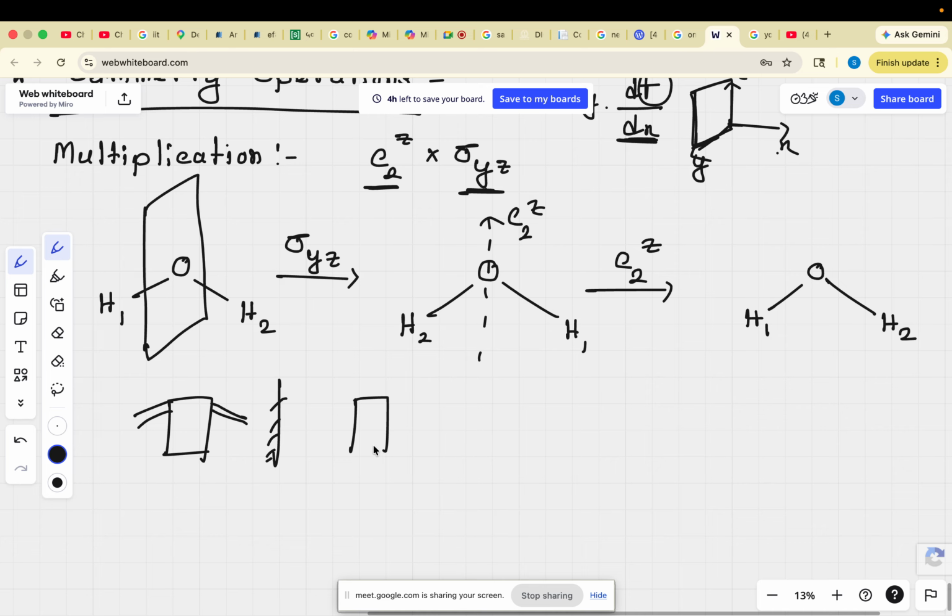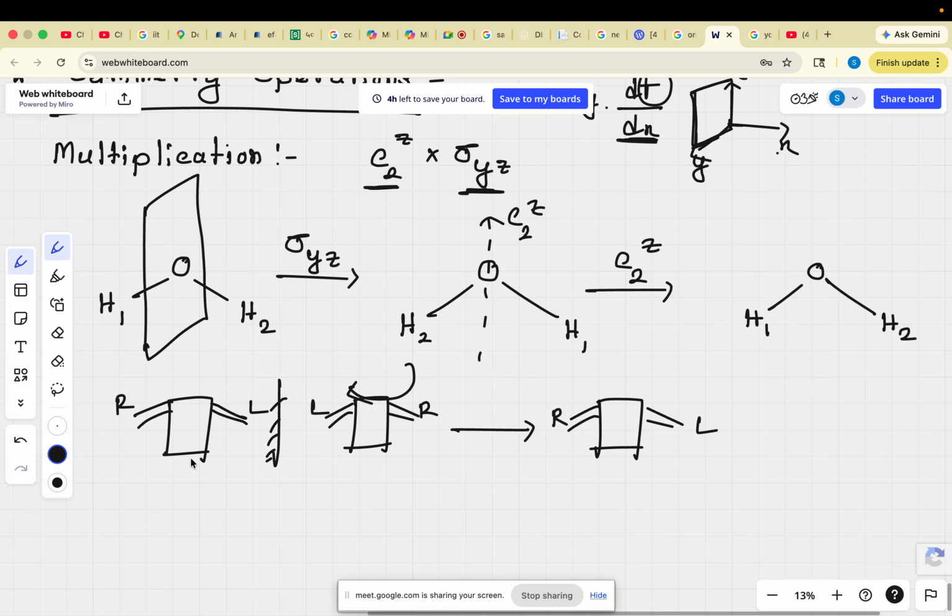You will get another object, my mirror image. Now you are rotating me by 180 degrees. In the mirror you will see left hand, right hand. Now you are again rotating me, so you will again get right hand, left hand.